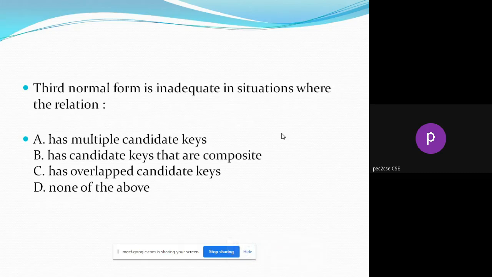Third normal form is inadequate in situation where the relation has multiple candidate keys, has candidate keys that are composite, has overlapped candidate keys, or none of the above. What's the right answer?